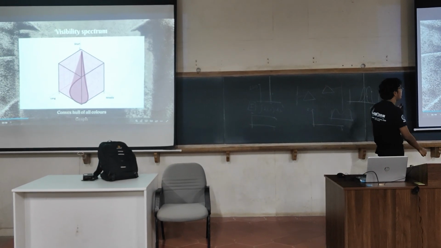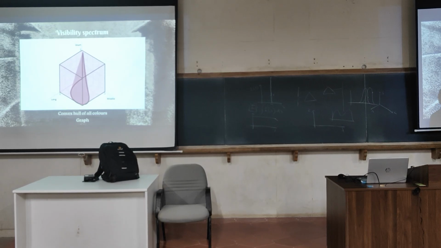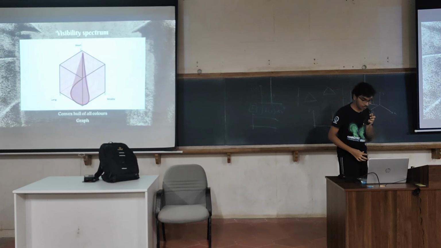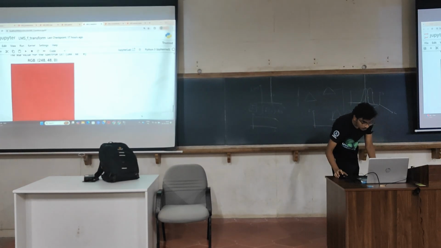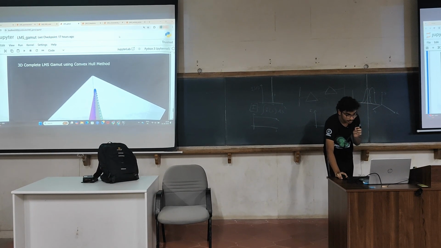So what you see here is a plot of all possible colors in the LMS region. The image which you see here contains all possible colors that we can see, obtained by mixing all possible spectral colors. So this is the graph.